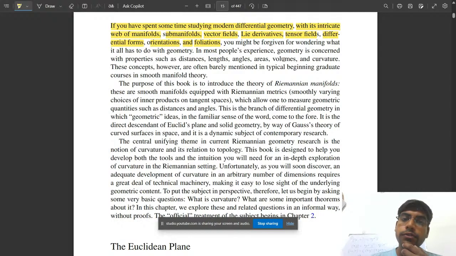In most people's experience, geometry is concerned with properties such as distances, lengths, angles, areas, volumes, and curvatures, right?